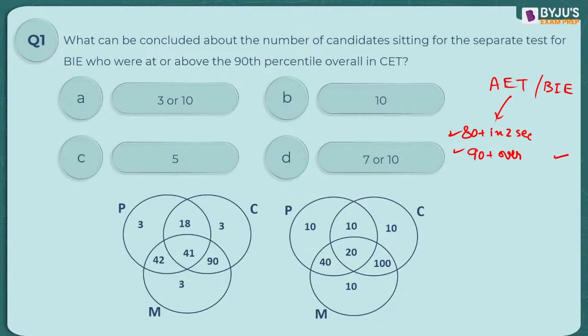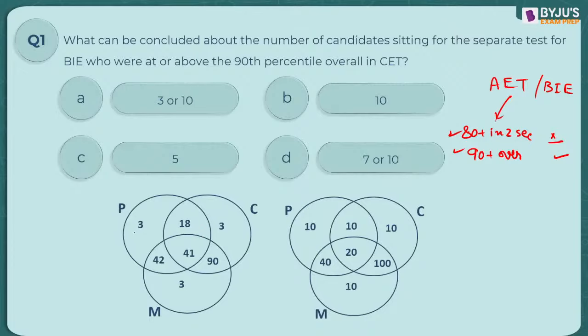Now BIE is selecting those candidates who appeared for AET but could not qualify, right? Who are not eligible. Now, how will they not be eligible? This criteria is met for all candidates. This criteria must not be met. So that means they have to have 80th percentile in P. Okay, so BIE is considering those.